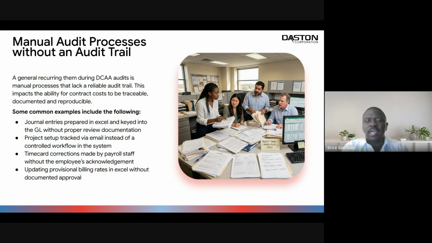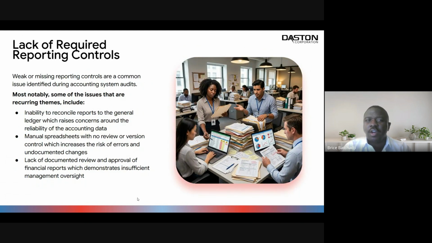And then finally, in this section, we talk about the lack of required reporting controls. And this is when part of the accounting system criteria does require very strict reporting controls in place, management approvals and reviews happening to ensure that the financial reports are accurate.